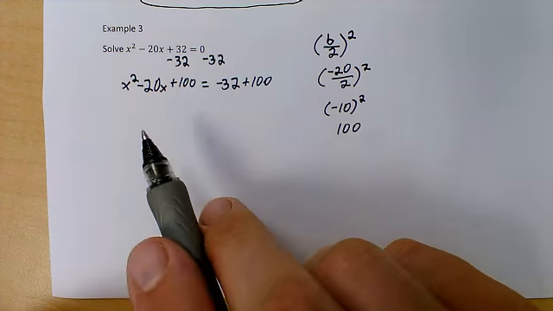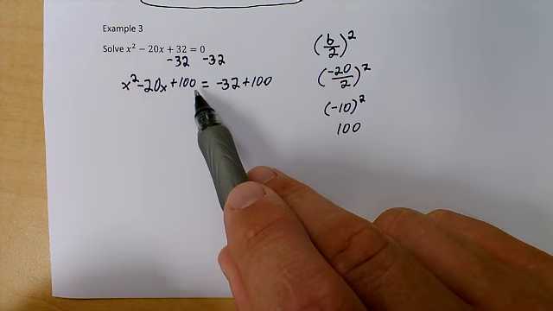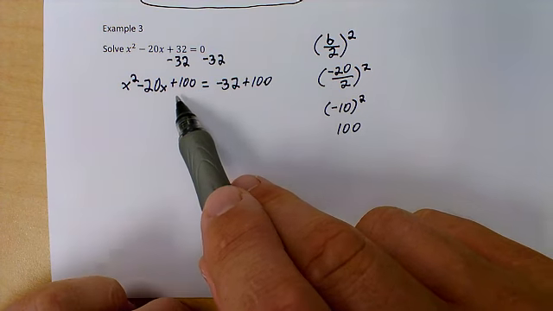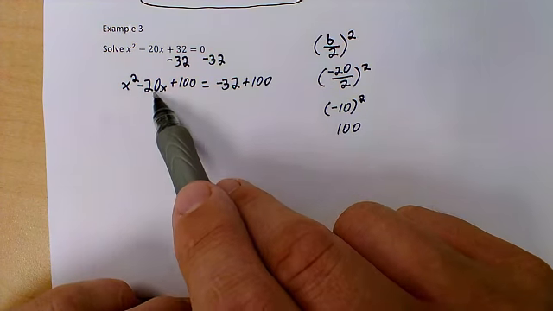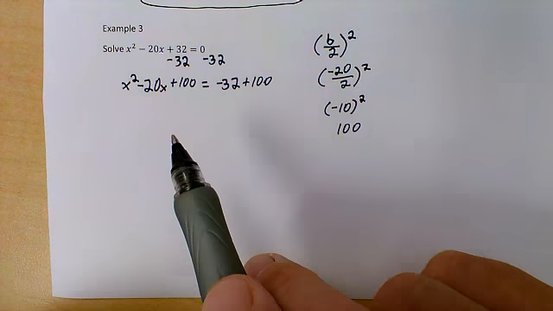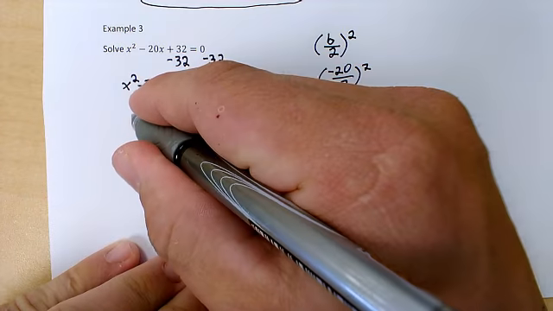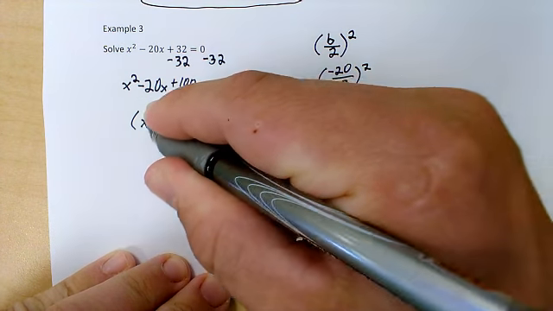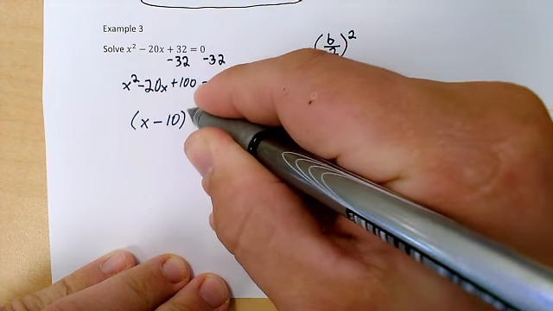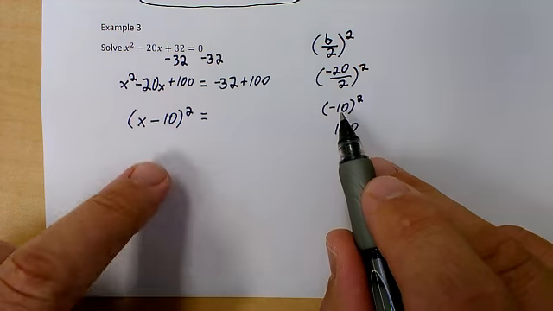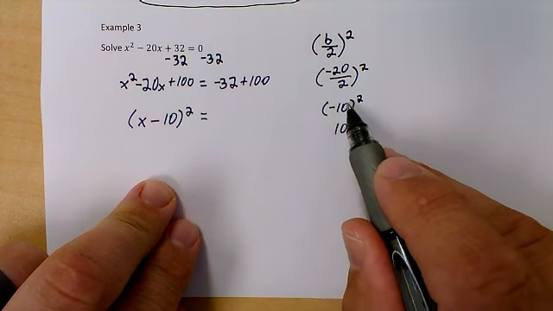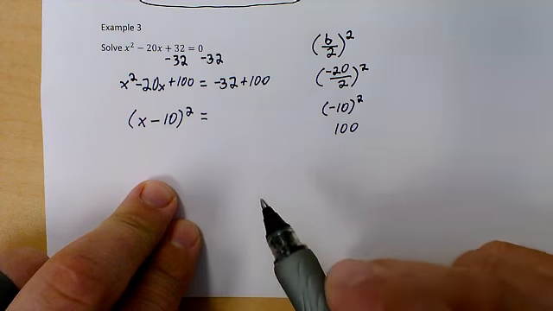Now that I've done that, I actually have a perfect square trinomial, and it's following the form a squared minus 2ab plus b squared. So I'm going to factor that to a, which is x, minus b, squared. Again, you're always going to see that be the b over 2 before you squared it.